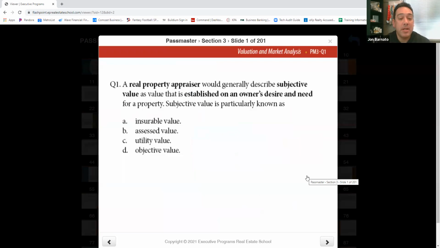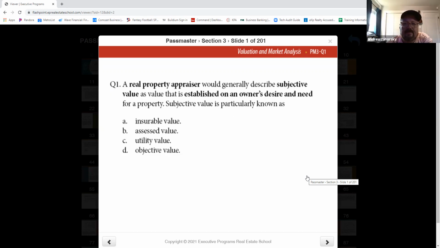A real property appraiser would generally describe subjective value as value that is established on an owner's desire and need for a property. Subjective value is particularly known as what? That would be utility value.